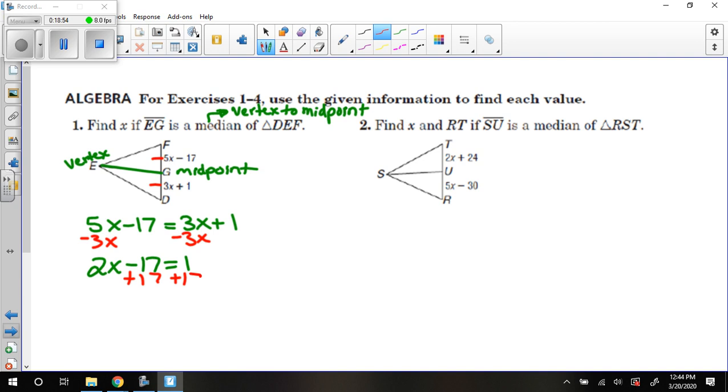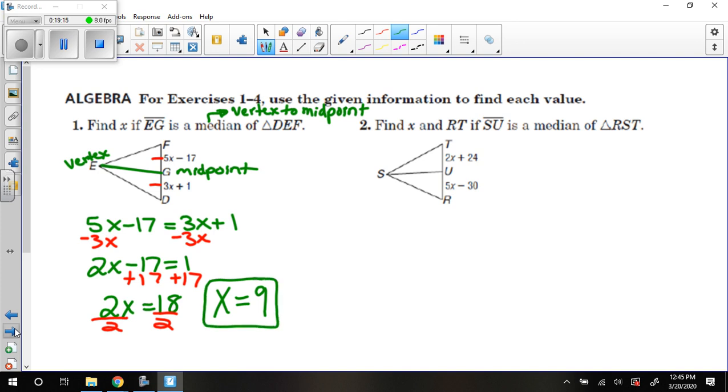Add the 17. And we have 2x equals 18. Last but not least, divide by 2. So we know x equals 9. Okay, in the problem, it just said to find x. So we are done. We found x. It's 9.